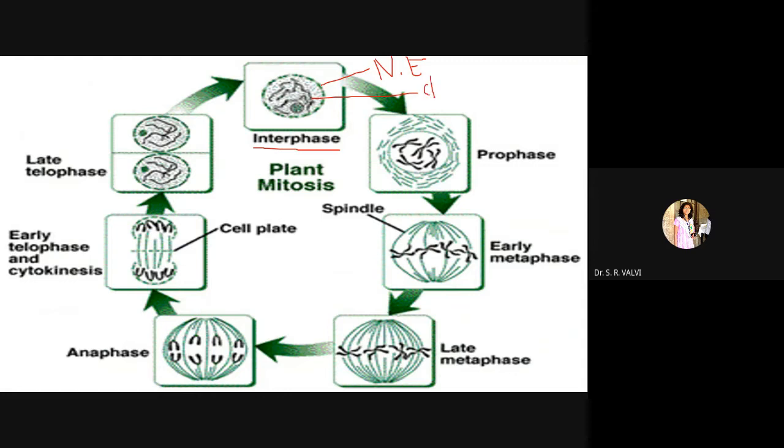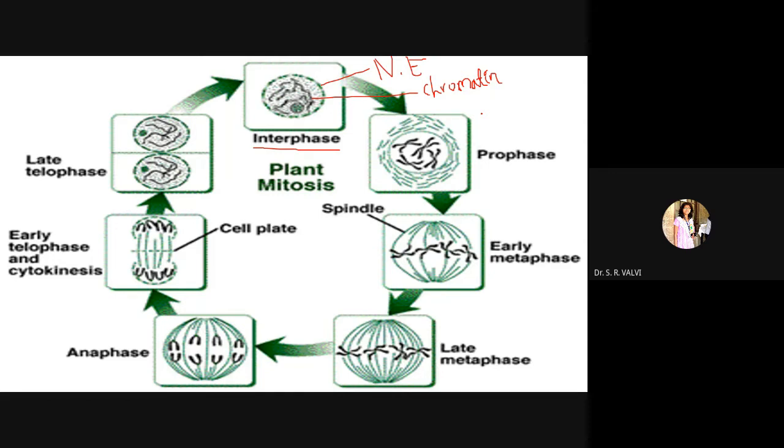So please do remember, students, when this chromatin is present within the nucleus, it is in a thread condition, a very long thin fiber-like structure, we call them chromatin. Afterwards, this chromatin is going to condense to form a chromosome. So during these cell cycles, this chromatin is going to convert into a condensed thick structure.